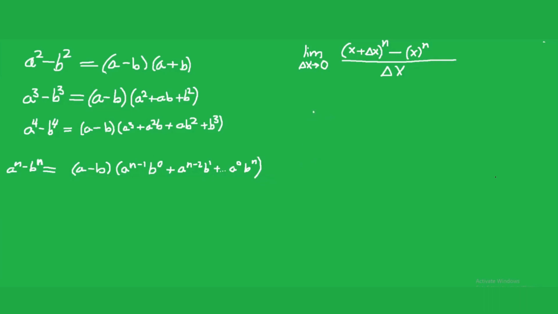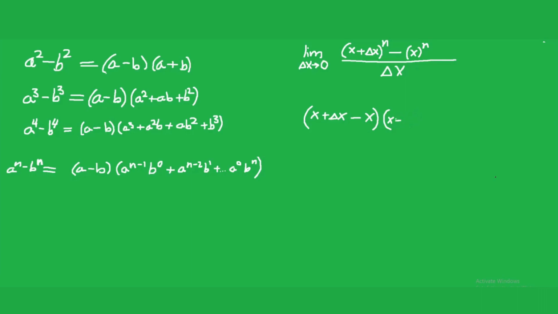So a we know is x plus delta x, and b we know is x, right? So minus x. Now, obviously, you can subtract these. I'll do that in a moment, and you'll be left with just delta x, so hold on. If we keep moving forward, a to the n minus 1, well, that's going to be x plus delta x.